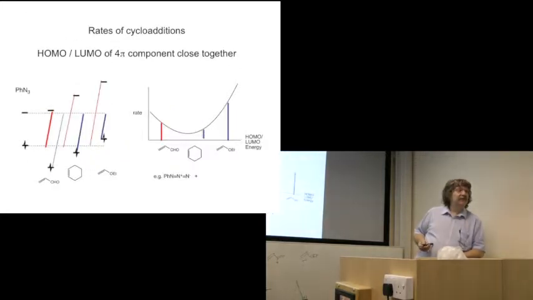Finally, we have classes of reactions where the HOMO and the LUMO of the diene component are actually quite close together. And that's particularly common in 1,3 dipoles. So phenyl azide, which is drawn out here, okay, is a typical 1,3 dipole. It does the 1,3 dipolar cycloadditions that you saw in about lecture 3.